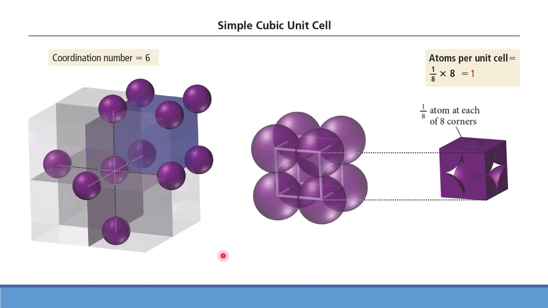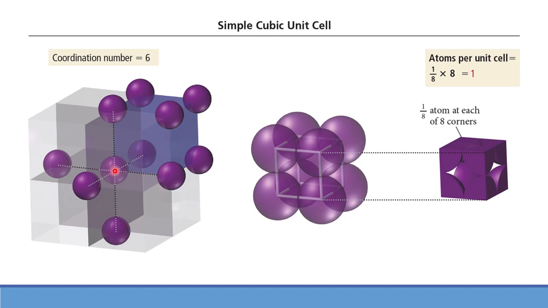So here is our simple cubic cell. You can see in this illustration that we have a coordination number of 6. This atom is in direct contact with 6 other atoms. You can draw a straight line to the other atoms, and that's direct contact.